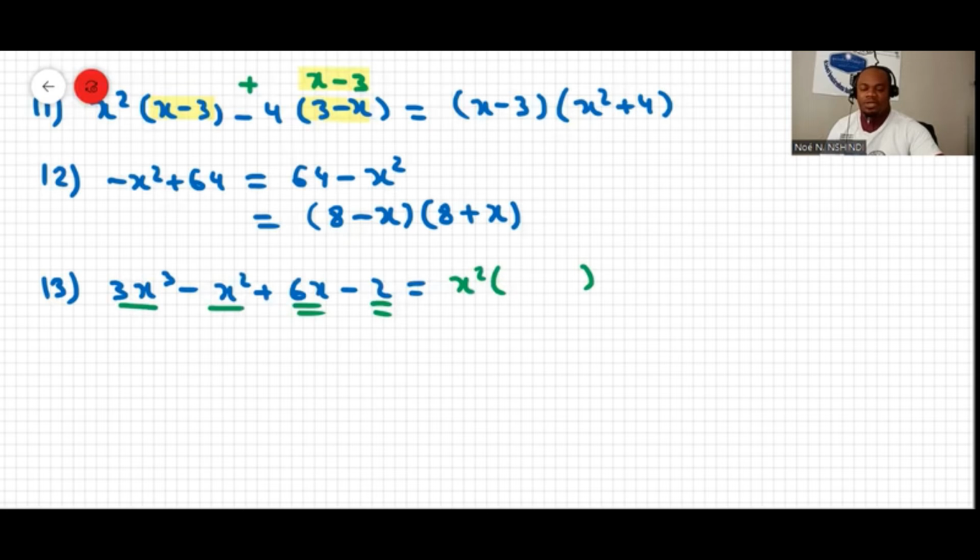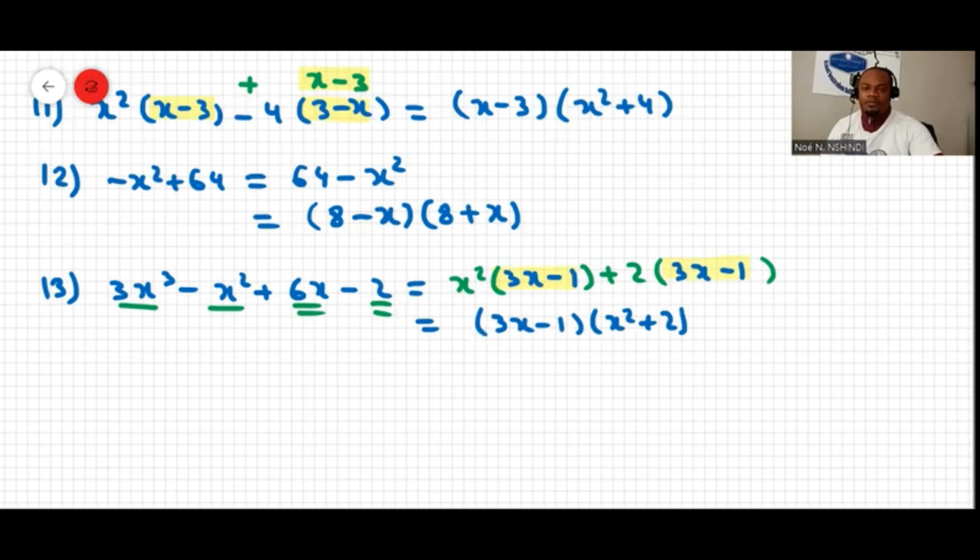For the last two, I can just take plus 2 for common factor. Now for the first two, if I take x squared for common factor, I'm left with 3x minus 1. And the last two is going to be also 3x minus 1. Now if I take this and that, this will then be 3x minus 1, and then x squared plus 2. That's the factor. And then question 14.